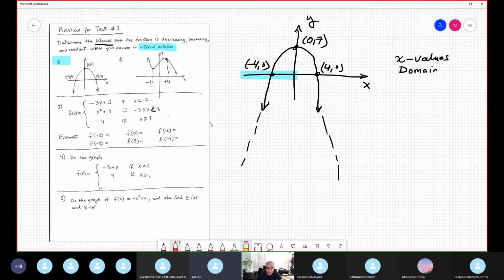O sea, from negative infinity to 0, not including 0 because 0 is the local max. The function is increasing. Look at that. This is the roller coaster car, always walking from left to right, and this car is moving upward.